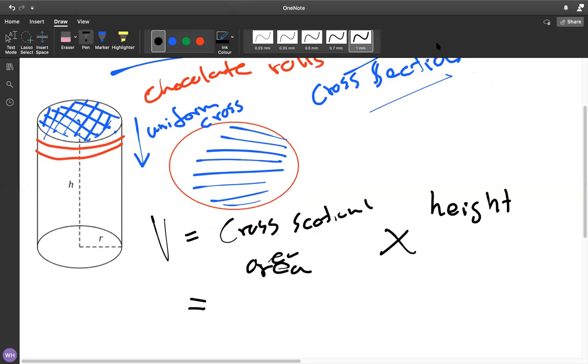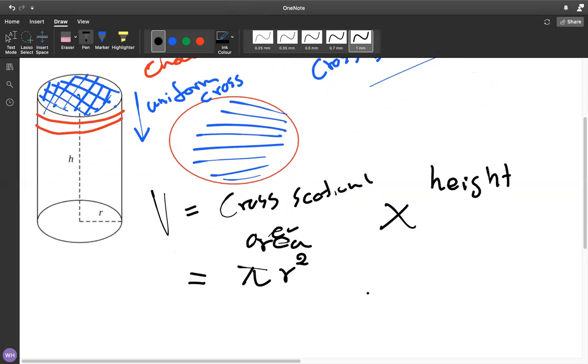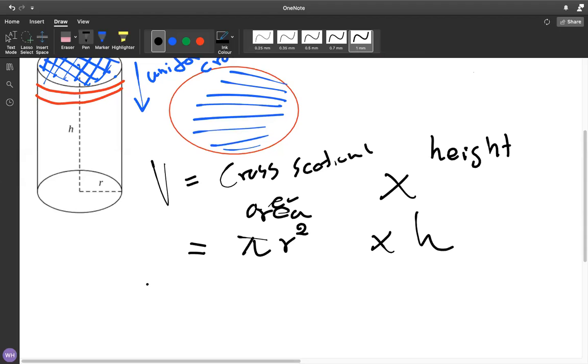Dulari, what is the equation that we use to find the area of a circle? Pi, if the radius is r, we use it as pi r squared. Yeah, right. And if the height of this cylinder is h, we use it as h. Therefore, pi r squared h.